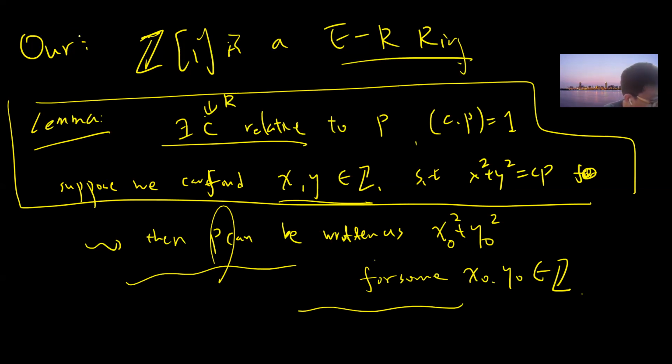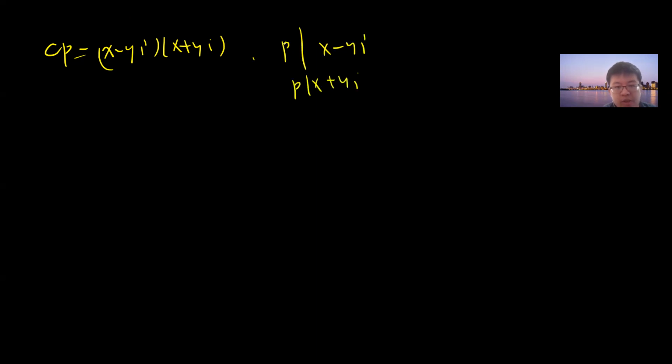So this proof is simple. One can write cp as (x minus yi)(x plus yi), right? Since p is prime, either p divides x minus yi or p divides x plus yi. But p is a real number, so if p divides this, then the only case is p divides x and p divides y.